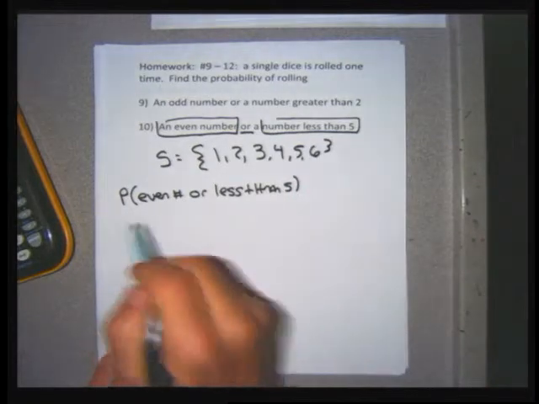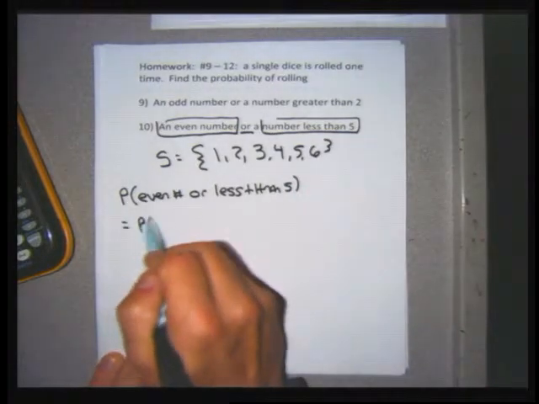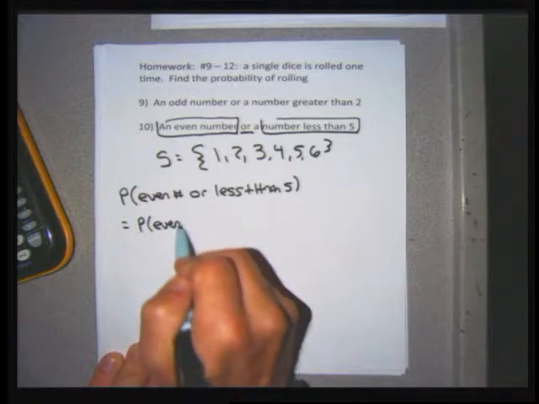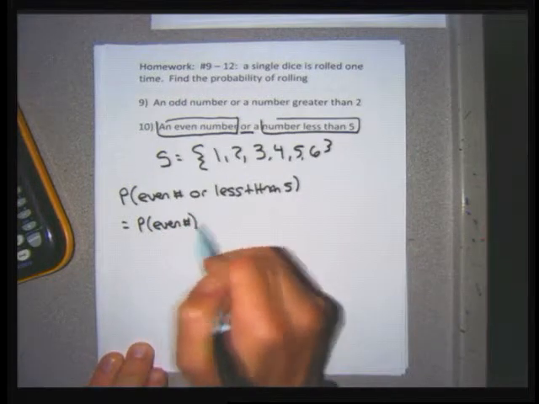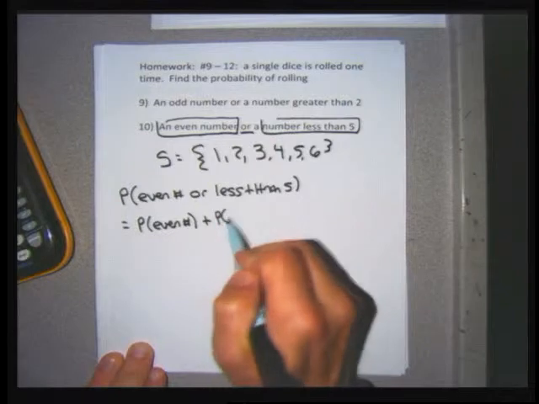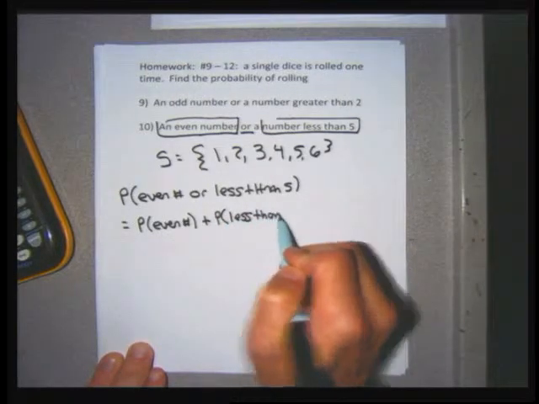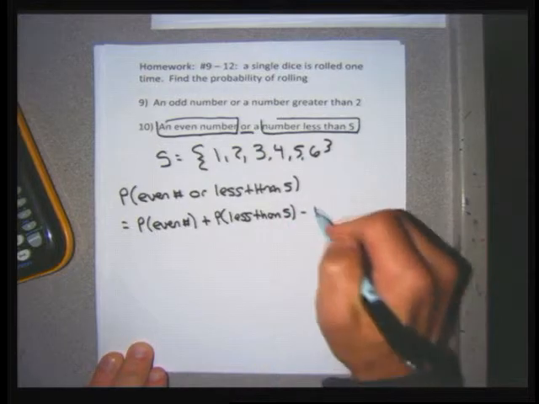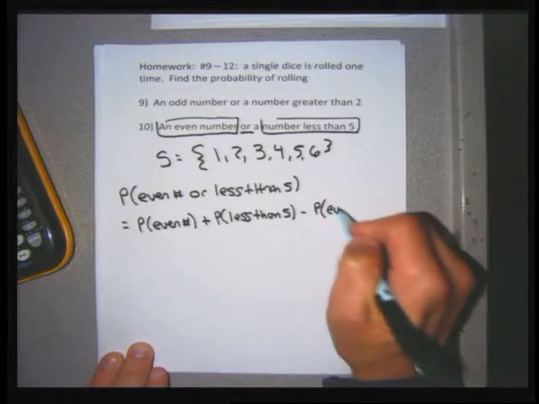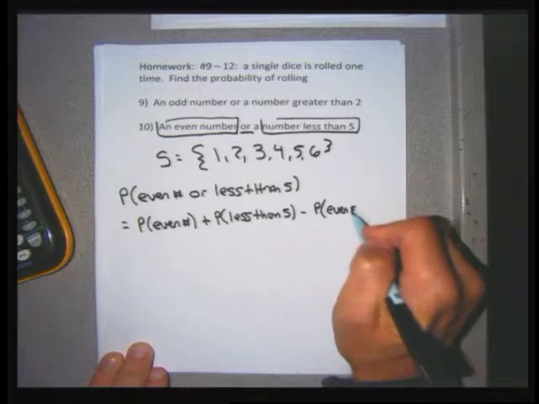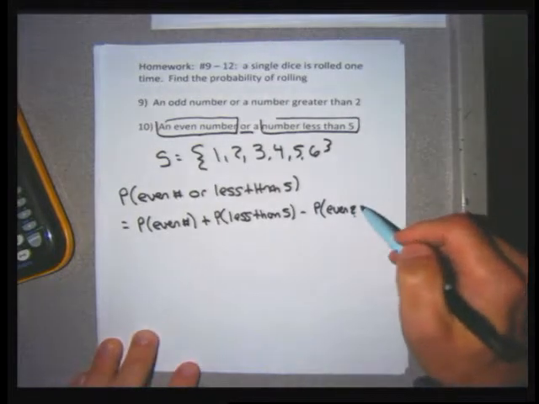And that's going to equal the probability of getting an even number plus the probability of getting a number that's less than 5 minus the probability of getting an even number and a number that's less than 5.